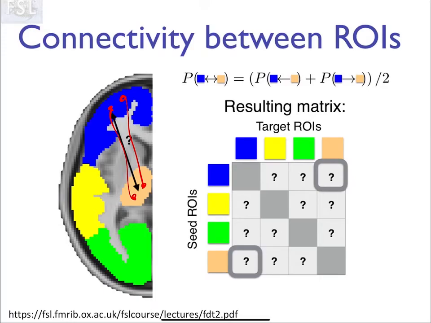There's debate about whether diffusion changes with function, and there is an area called diffusion fMRI, which is arguing that you can use diffusion to detect very quickly changing cell swelling due to function. But that's still very controversial.